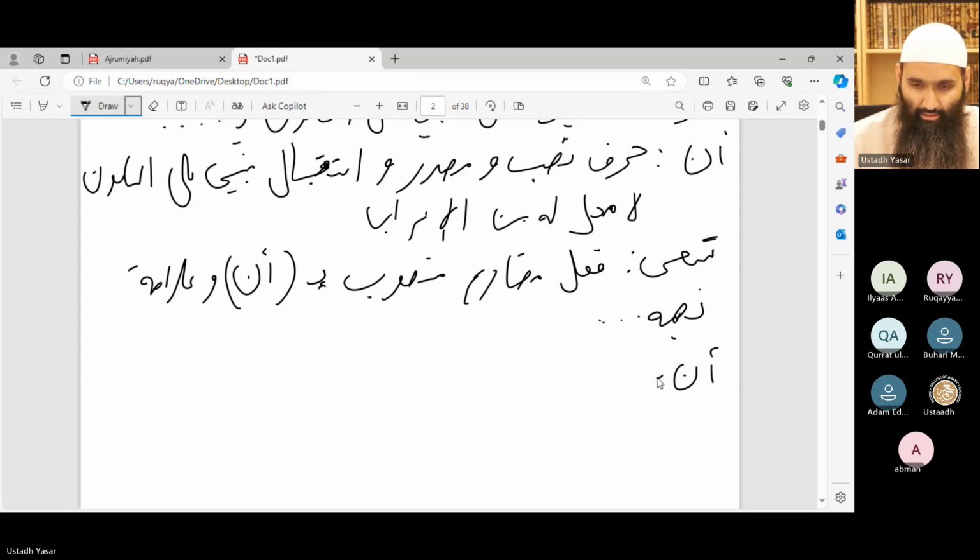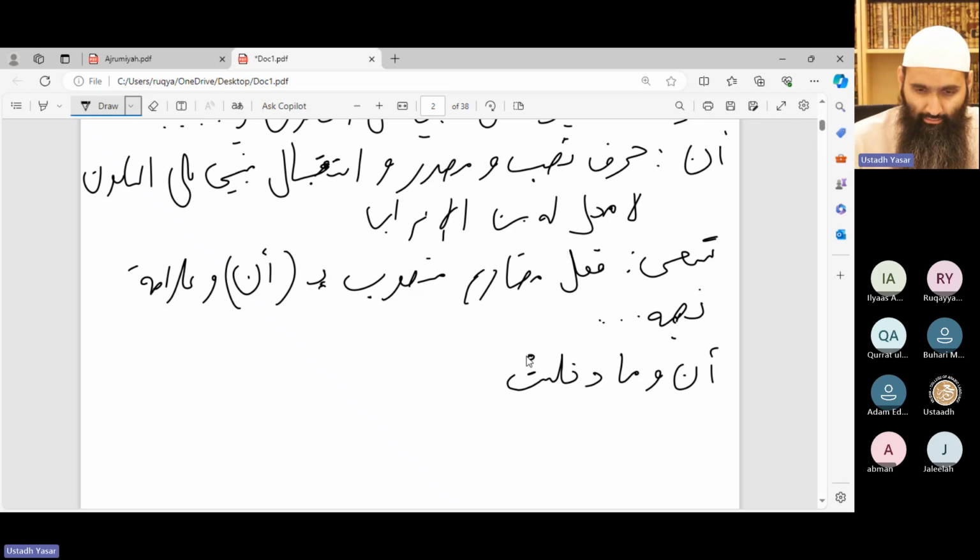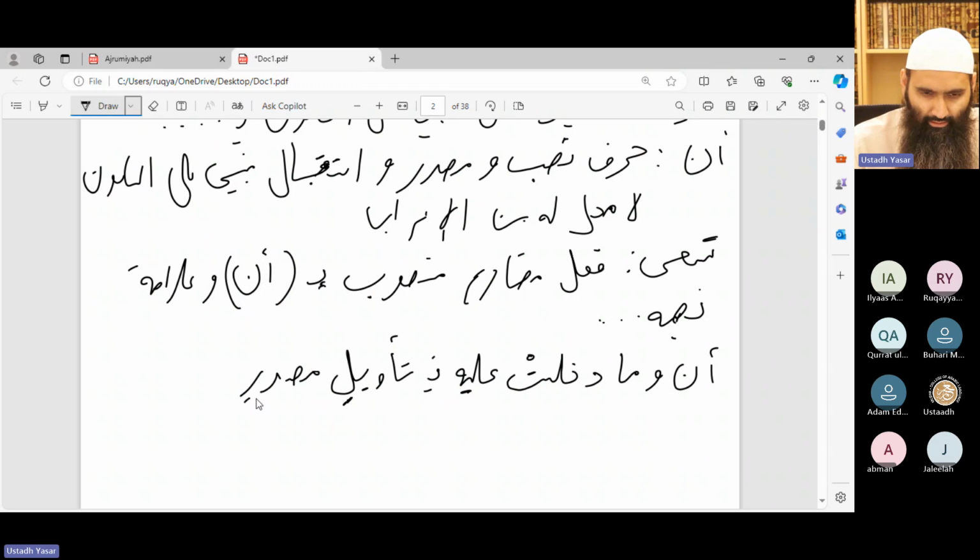An wa ma dakhalat alayhi fi ta'wili masdarin. So an tas'a.